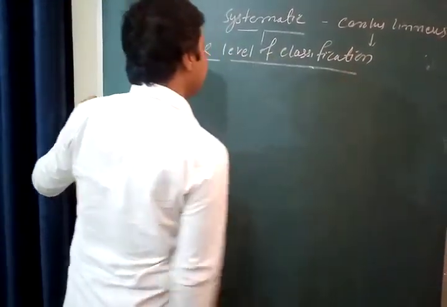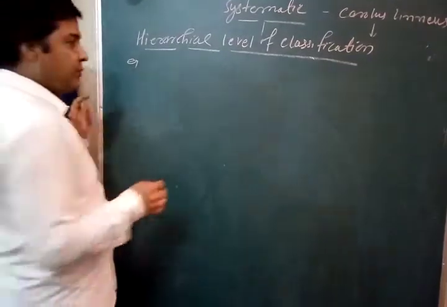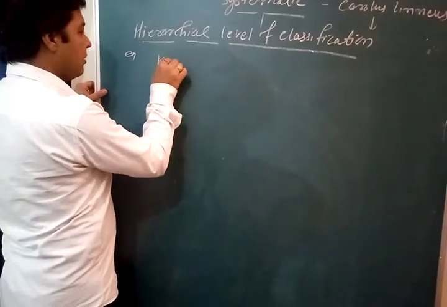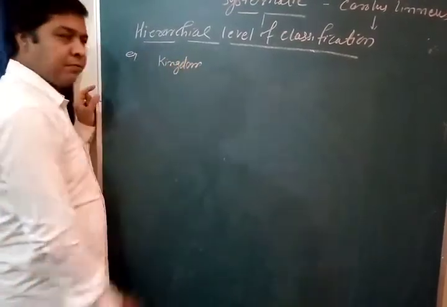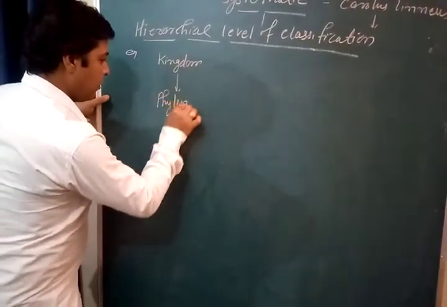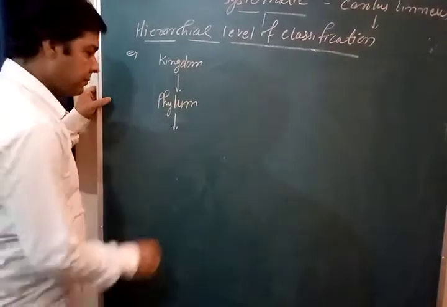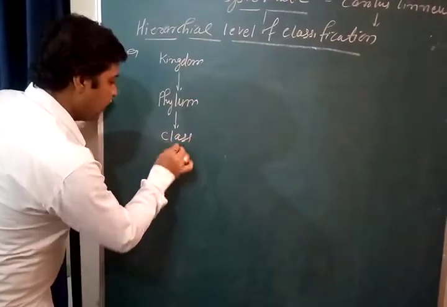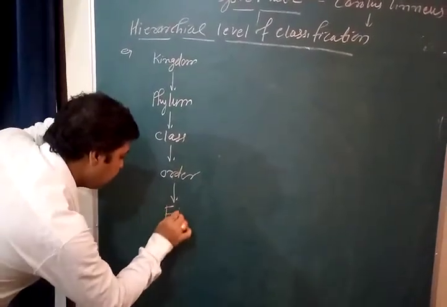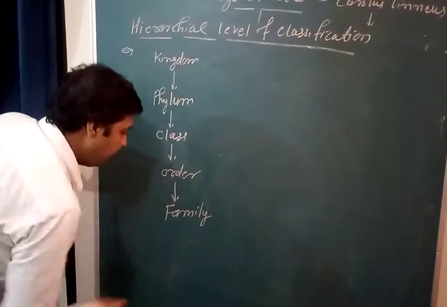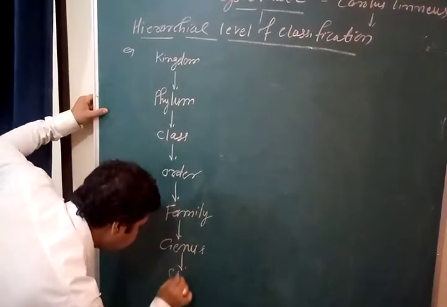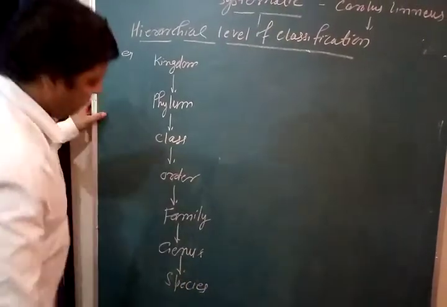Hierarchical level of classification. You must remember, I'll start with kingdom, then phylum, then class, then order, then family, then genus, and finally species.